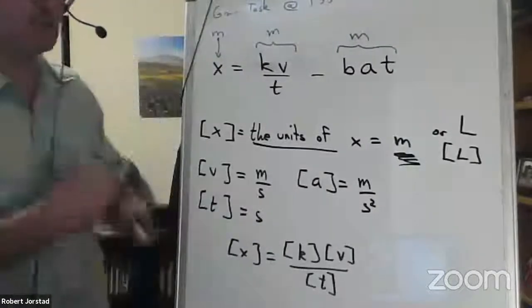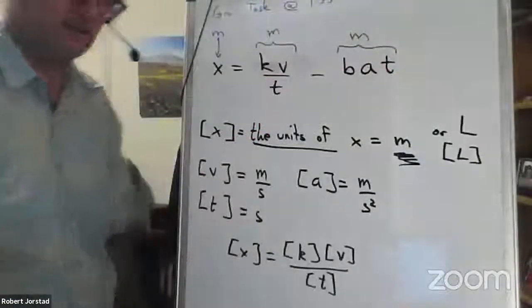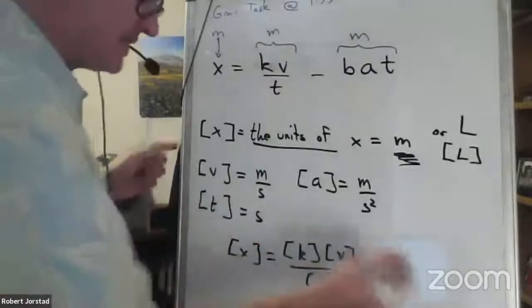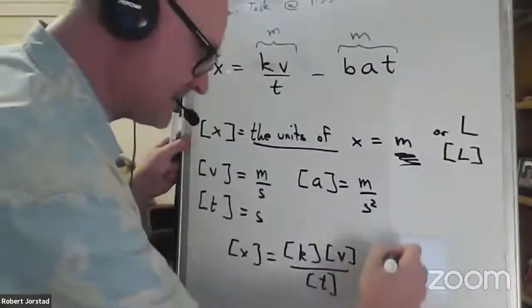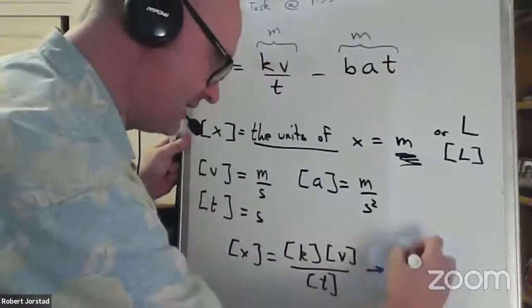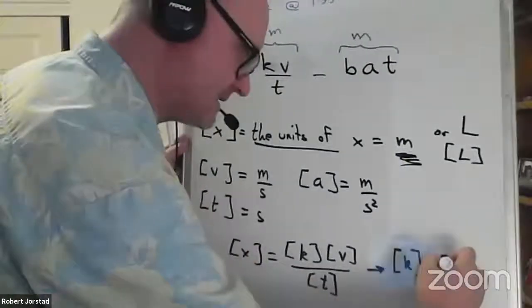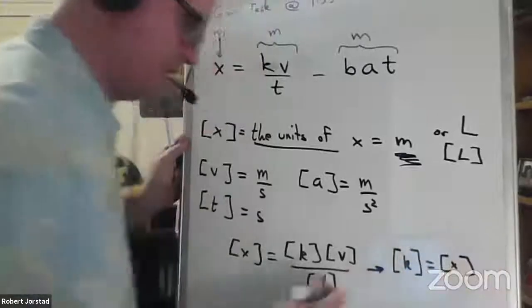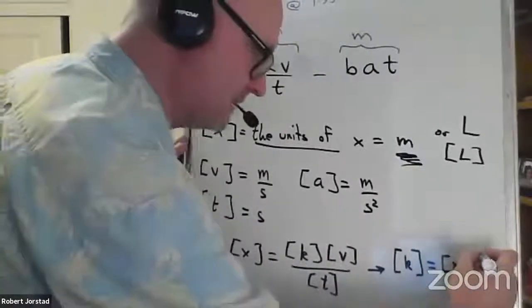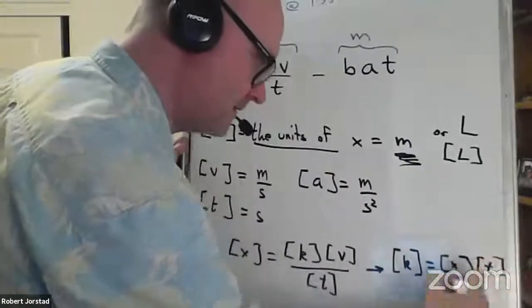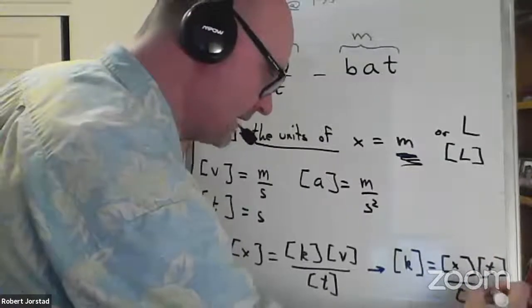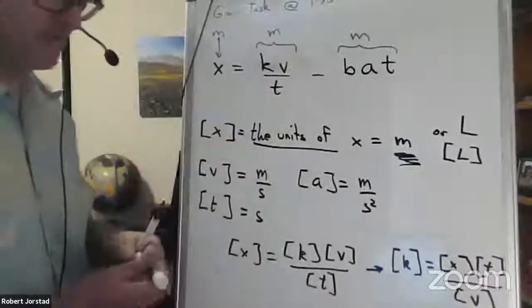And that saves us so much work dealing with this junk. Well, now I'm just going to flip this around and say that the units of K should equal the units of X times time divided by V. And again, I mean units of time and units of V.